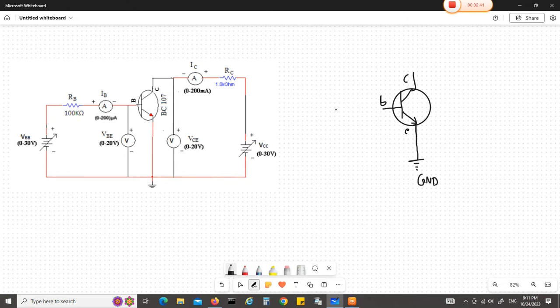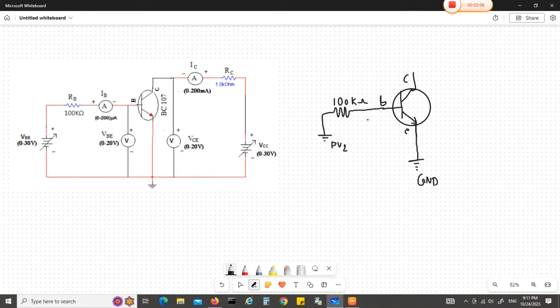For the base, we are connecting a 100 kilo ohm resistor. We need one power supply for the input side, so I am connecting one DC power supply, PV2.